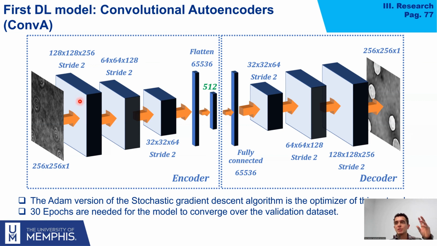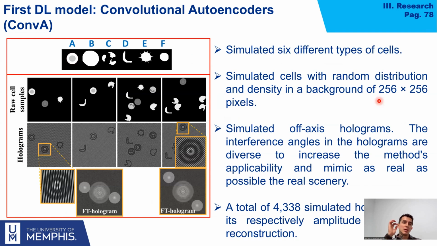In each stage, different convolutional processes happen in order to learn the important features of the hologram. And of course, the decoder part is a mirror version of the encoder, where the convolution happens in order to retrieve the phase image information.